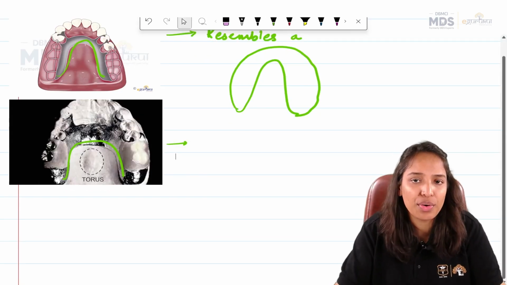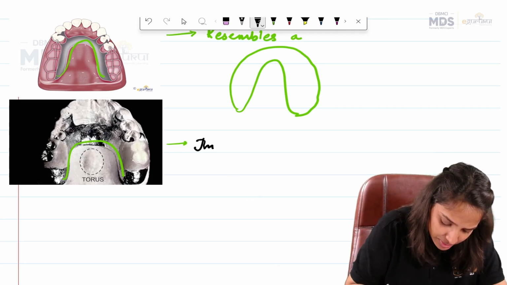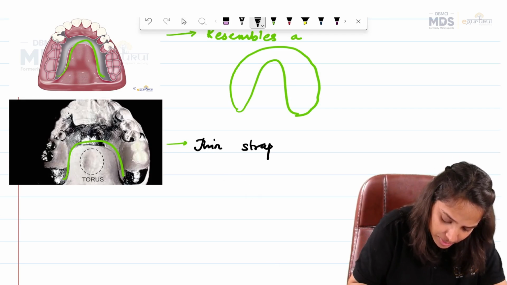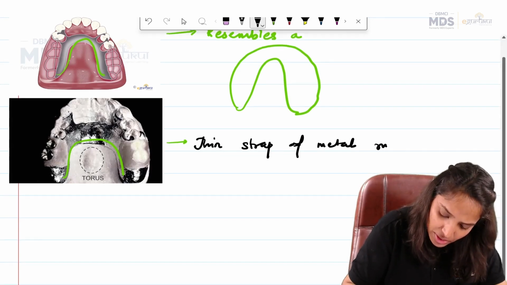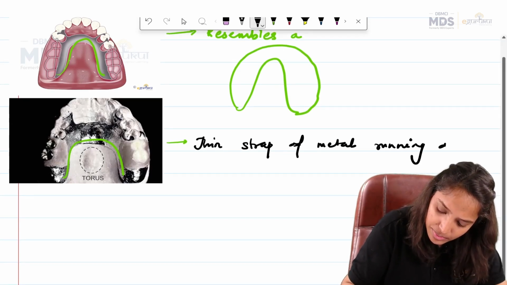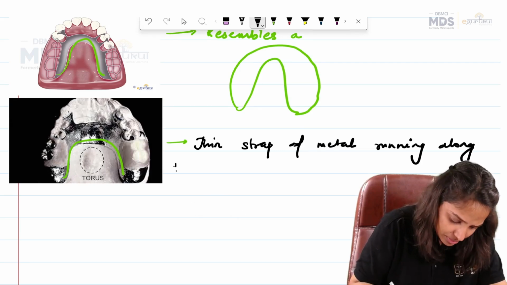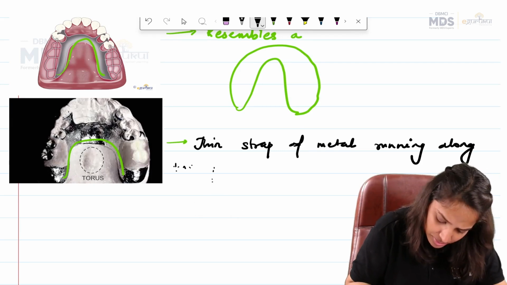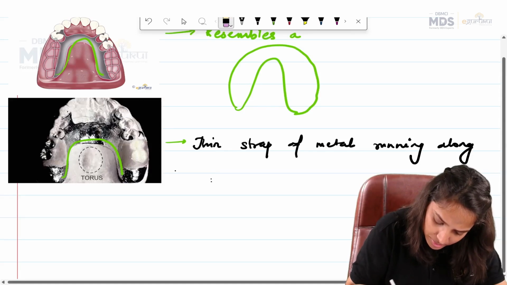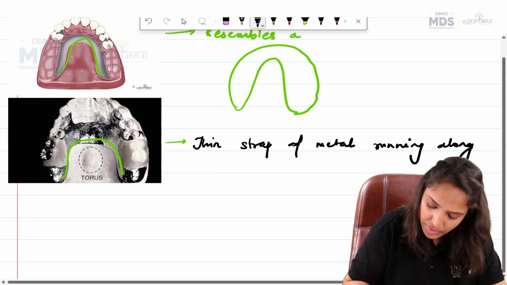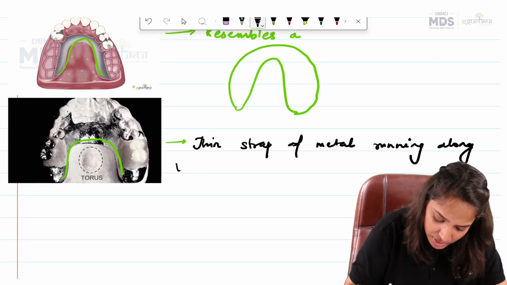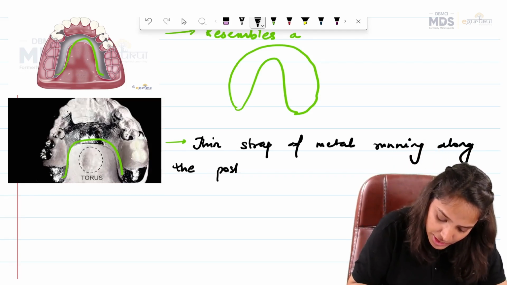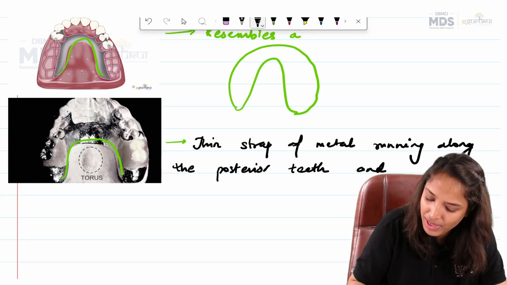This comprises a thin strap of metal running along the posterior teeth and onto palatal tissues.